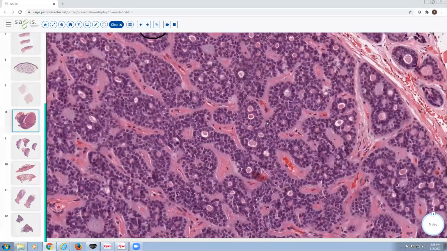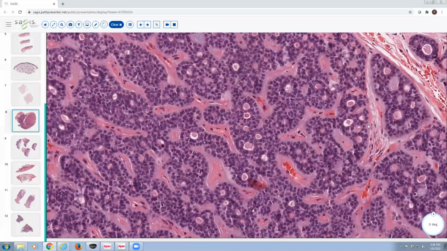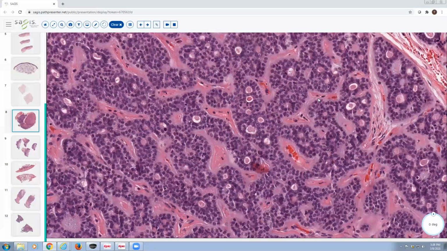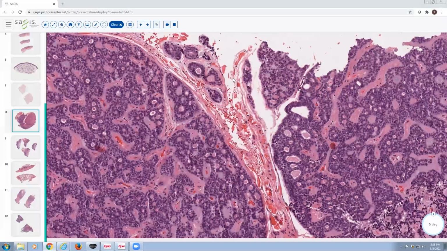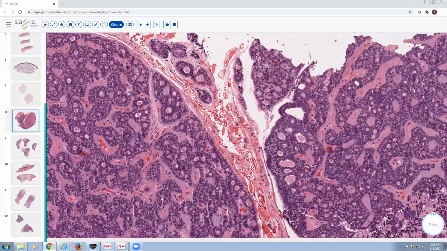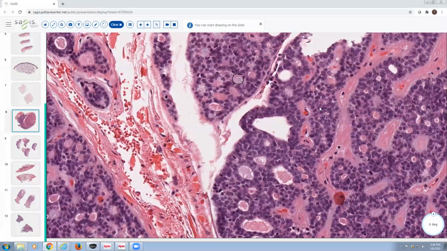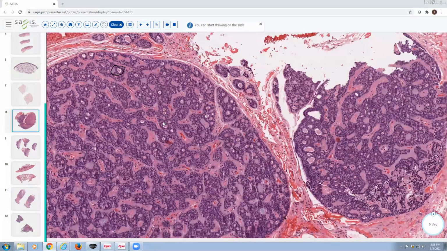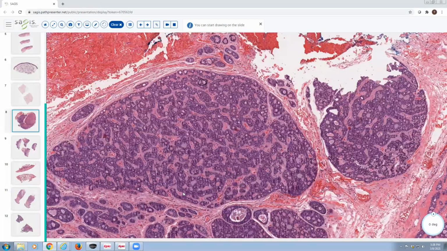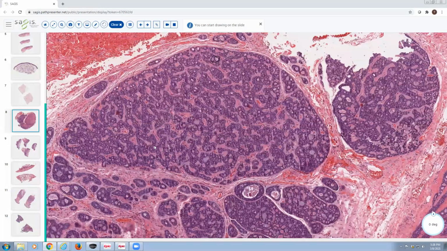Within those holes, you will find mucin. And the mucin is going to be kind of granular and blue. So you've got this granular blue mucinous material present within tiny holes that have been punched into the tumor. It kind of creates this Swiss cheese appearance.